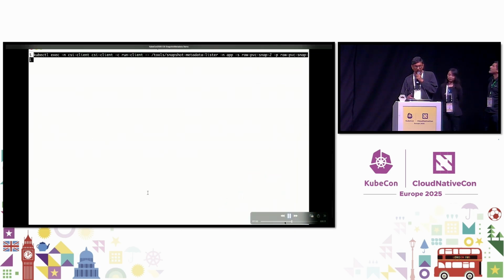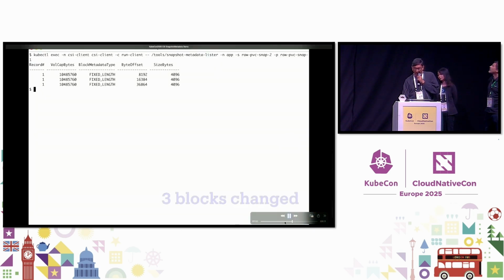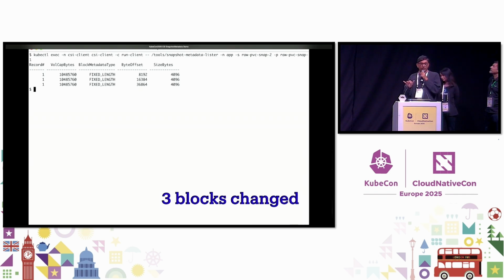The tool is invoked in a similar manner, except that this time we have 2 snapshots specified, the new snapshot and the previous snapshot. As you can see, it's showing us the changes only. It just tells you what has changed between these two. It doesn't give you any history of which one came first.